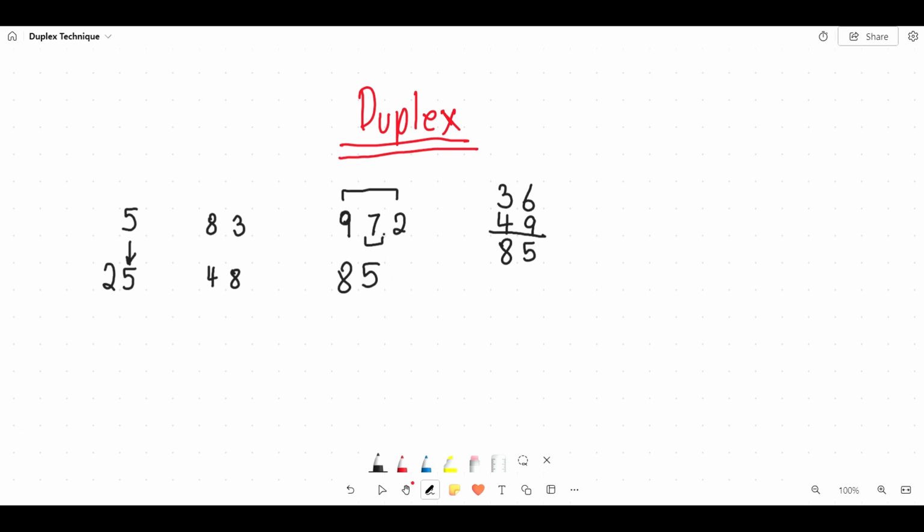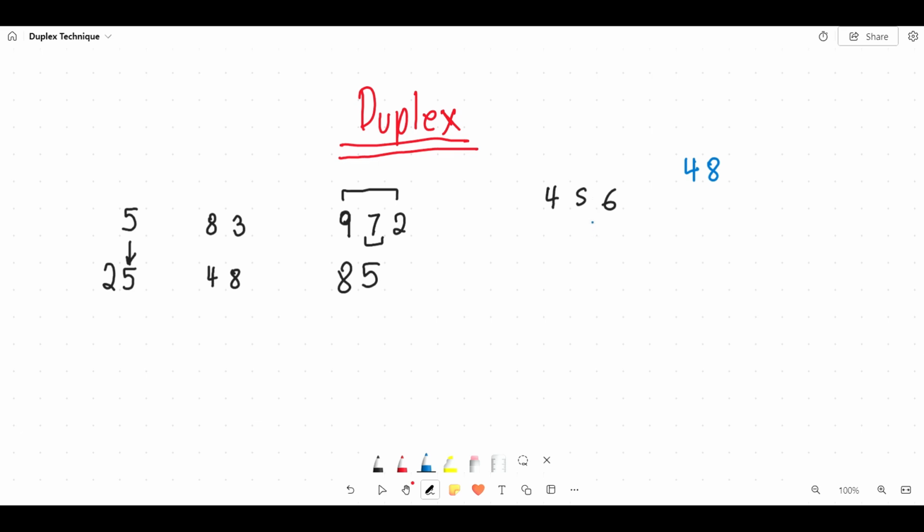I hope you understood how this works. Let me give you one more example. Take a number 4, 5, 6. Okay, so now we have the peripheral digits, and for the peripheral digits, the duplex would be 6 times 4, 24 times 2, 48.